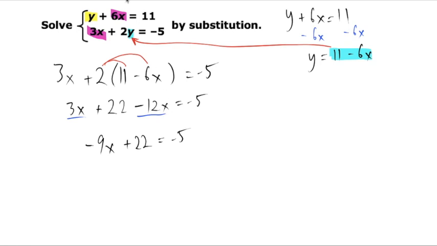Now this is just a two-step solve. So subtract 22 on both sides. I get negative 9x equals negative 27. And then lastly, I just need to divide both sides by that negative 9. And I get x equals a positive 3.